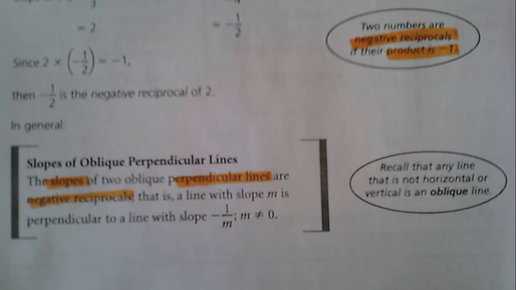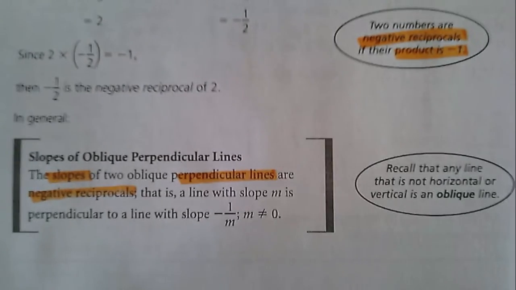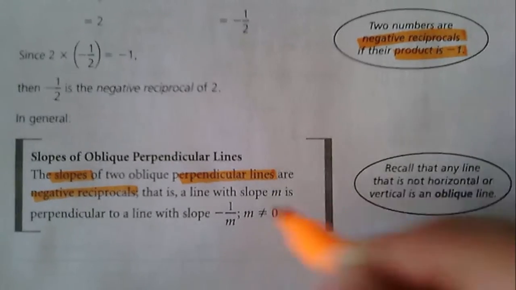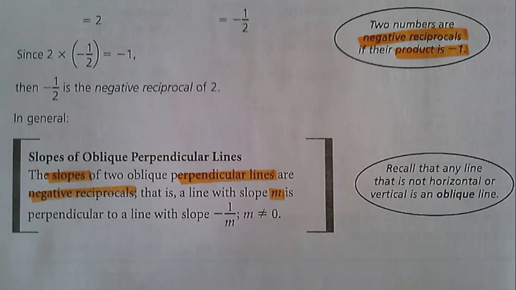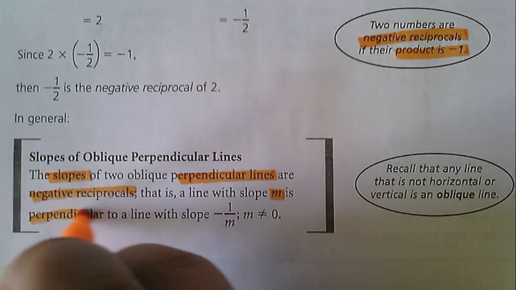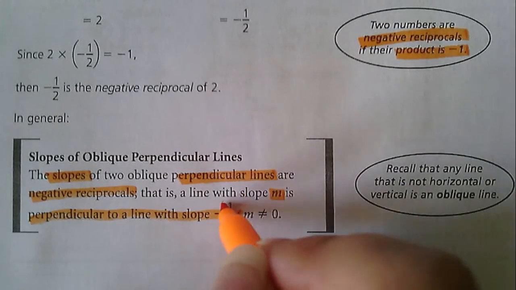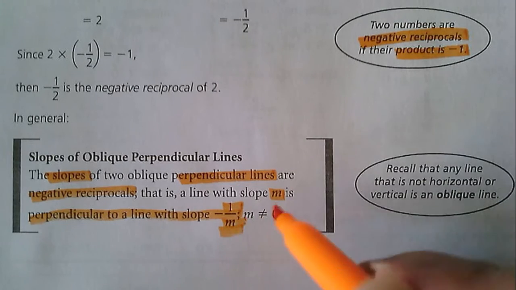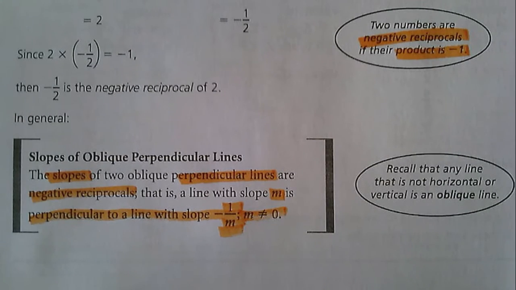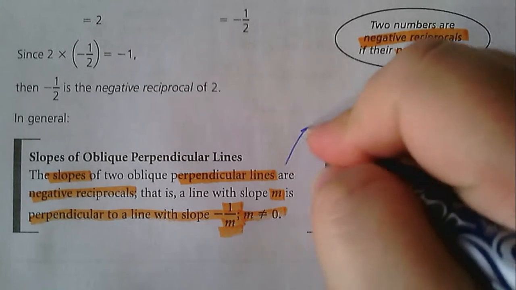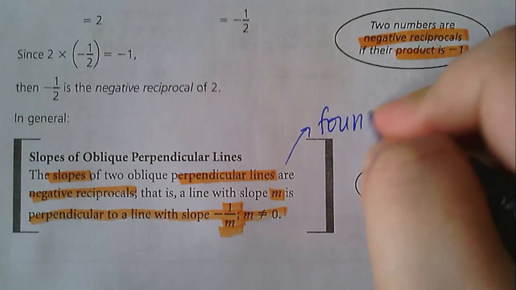So that means that a line with a slope of m, whatever that number happens to be, is perpendicular to a line with a slope of -1 over m, in which case m cannot equal 0. Okay, and this is also, again, found on the formula sheet.